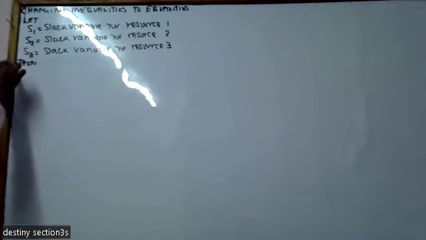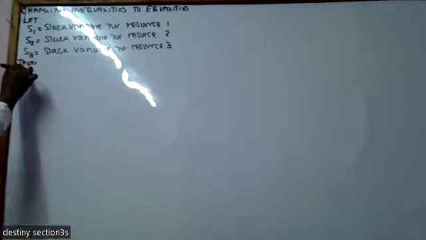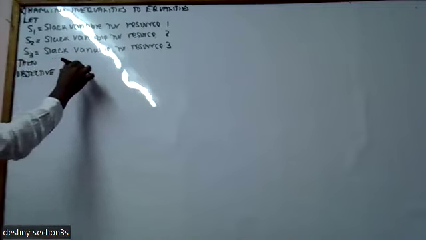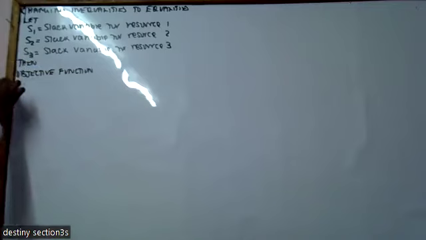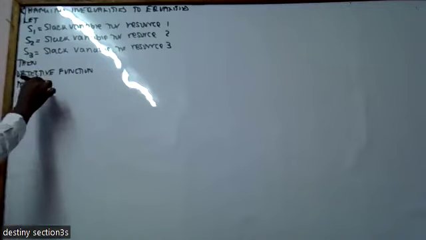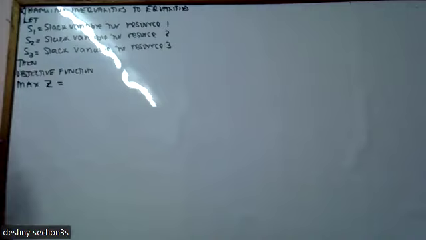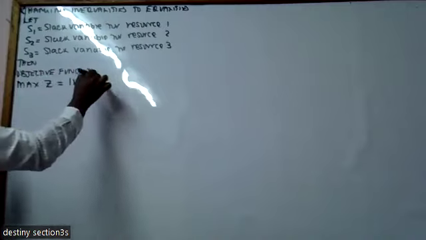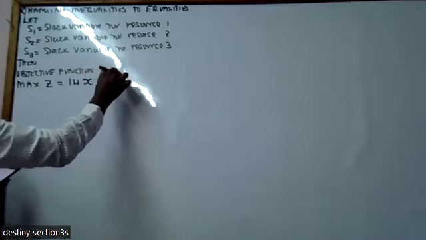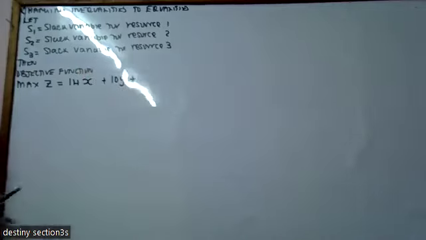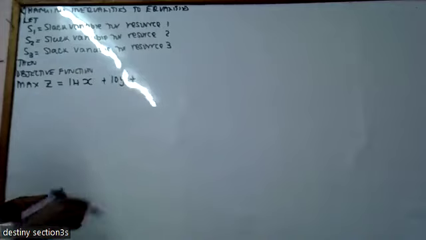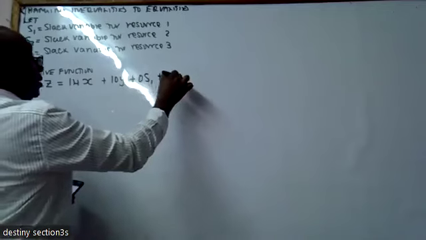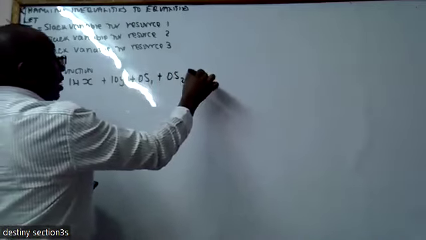Then the objective function is to maximize Z, which is equal to 14x plus 10y, then you bring the slack variables, 0s1 plus 0s2 plus 0s3.